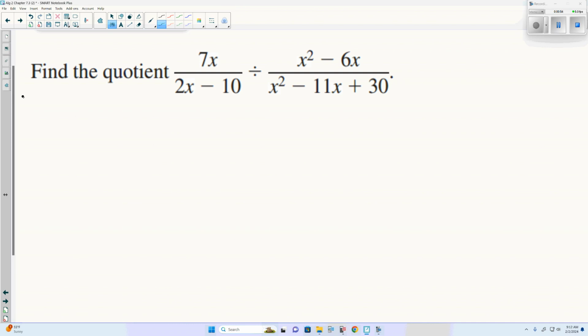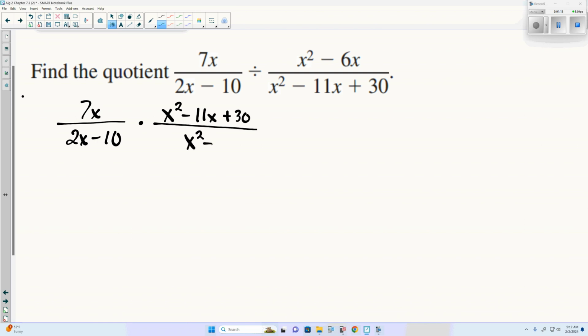Because when we divide two expressions, the first thing we should do is keep the first one the same. Change our operation from division to multiplication and flip our second expression.